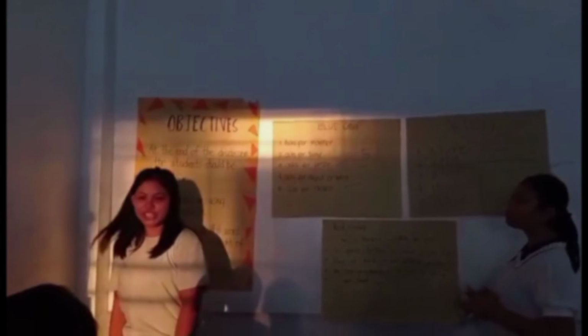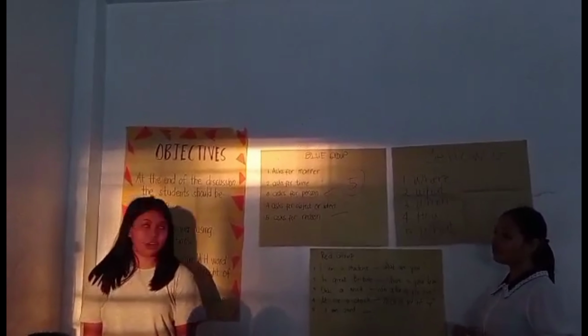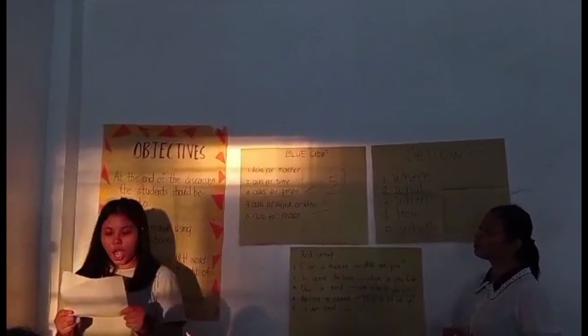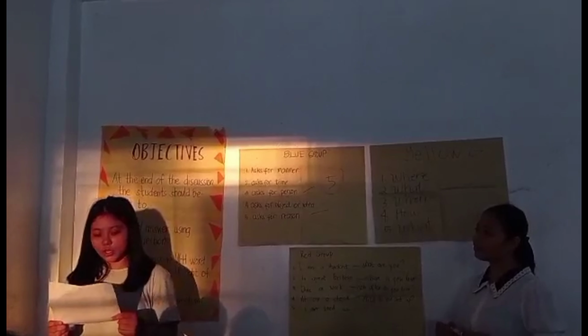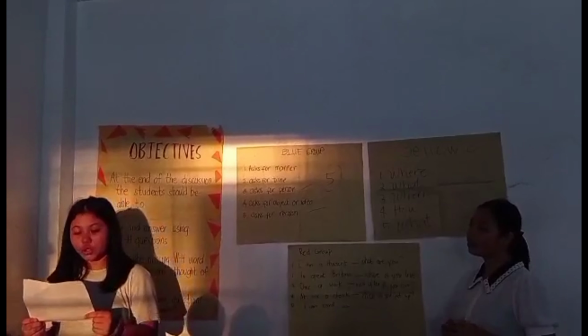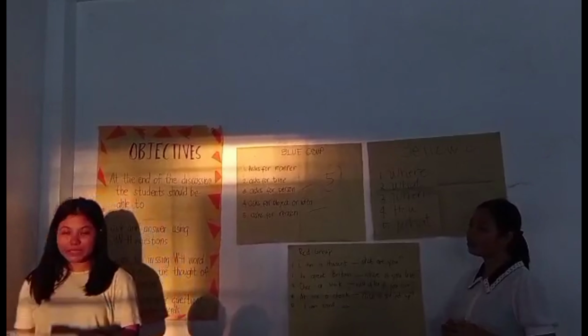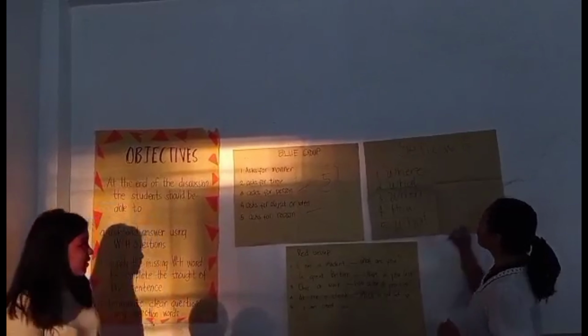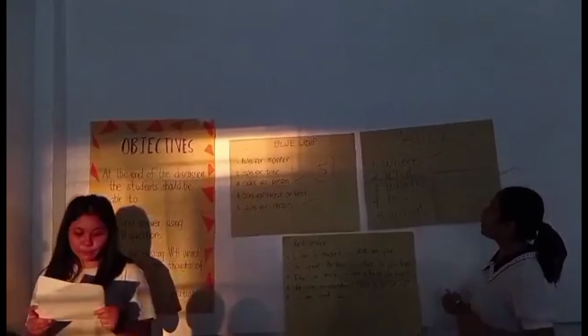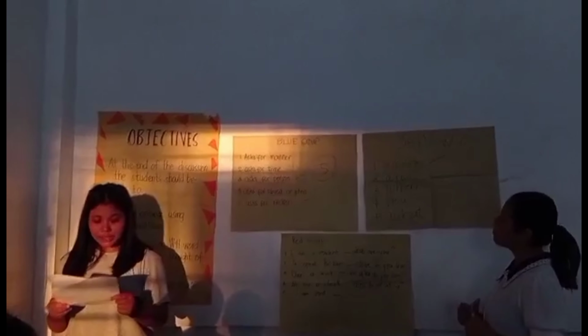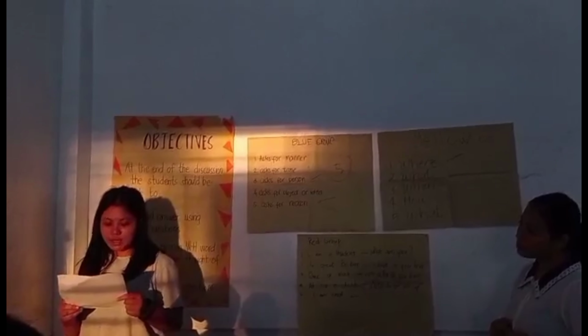Good morning, ma'am. Good morning, classmates. This is the work of the yellow group. Our task is to fill in the correct question word to complete the sentence. Number 1, blank do you plan to go on your vacation? Our answer is where. Number 2, blank did you write in your SMS?